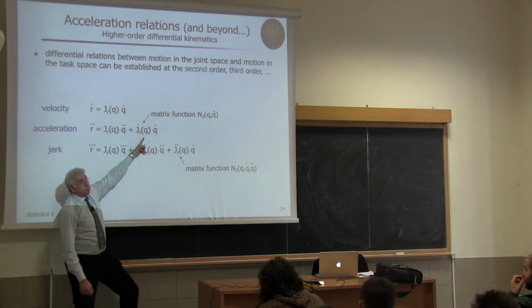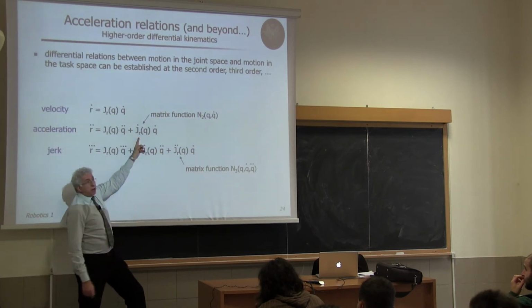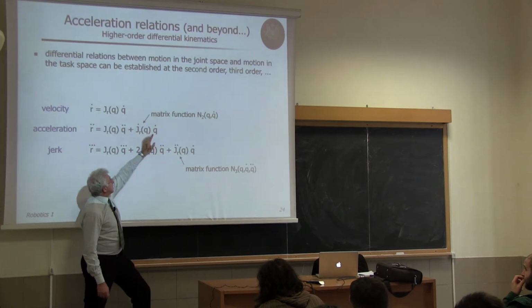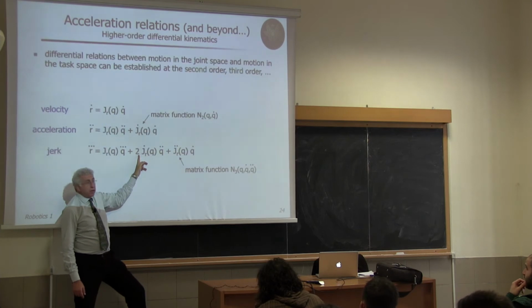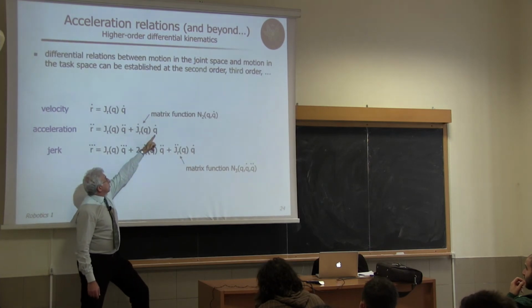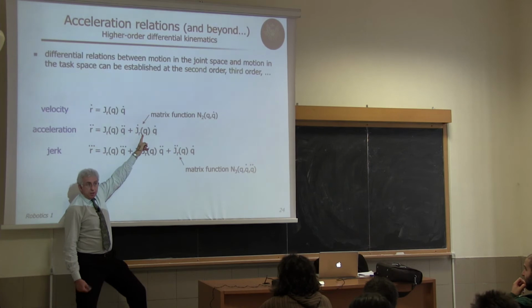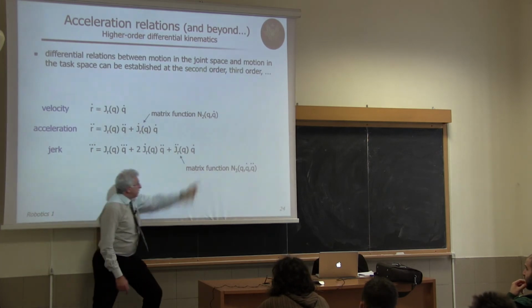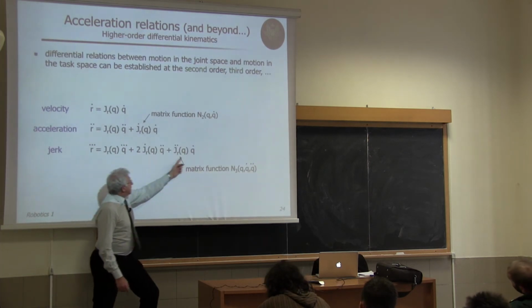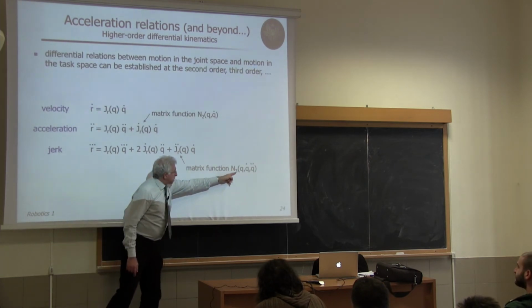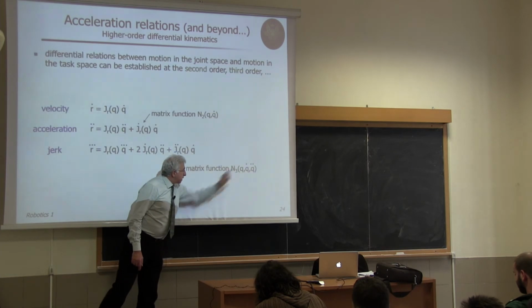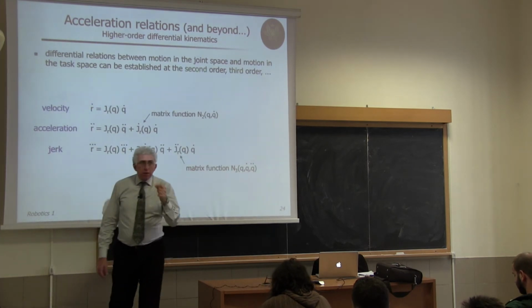The second comes from here, because here again you have a product. You take the derivative of this, and you leave this untouched, and you have J dot, Q double dot, and this is the second contribution here. And finally, you leave this untouched, and you have the second derivative of this, and you have this one. And again, inside this matrix, since you have two derivatives, this is a function, and it's an entry matrix, which is a function of Q, Q dot, and Q double dot.